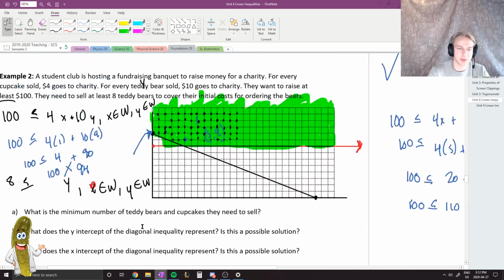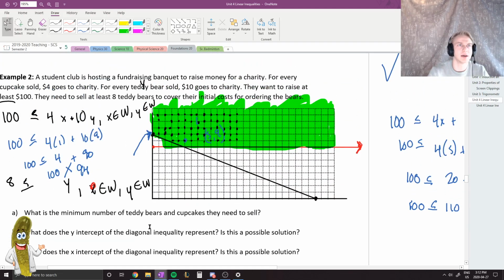What does the x-intercept of the diagonal inequality represent? Let's go back to Heidi for that one. The x-intercept of the diagonal linear inequality. What does this value represent here? The blue line that I've drawn, the x-intercept of the diagonal linear inequality, so I'm pointing at it with 2 blue arrows. What does that value mean?